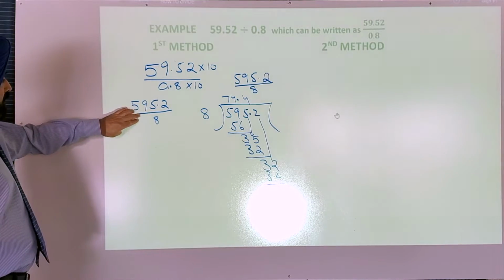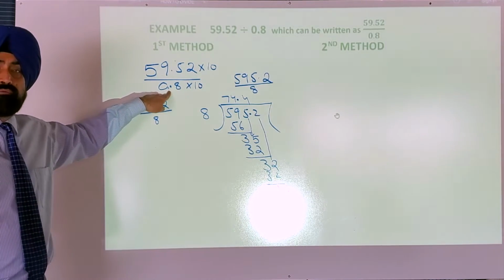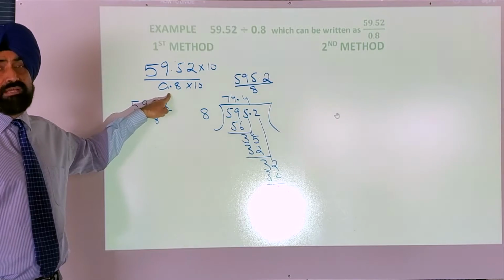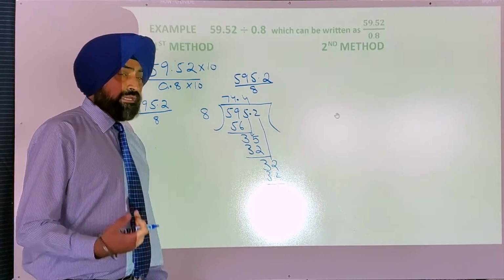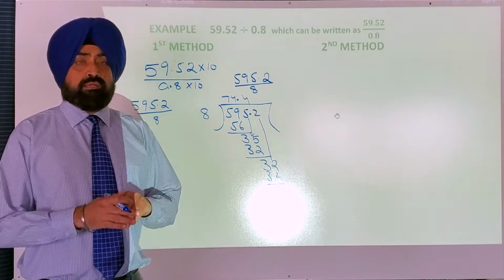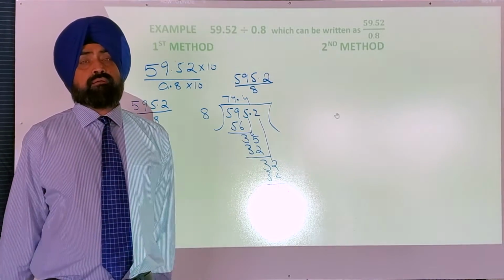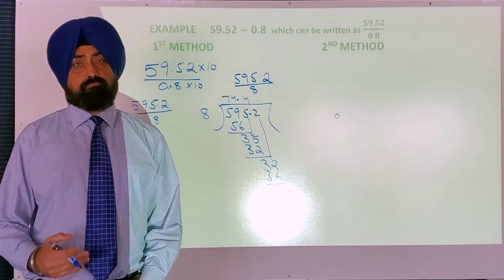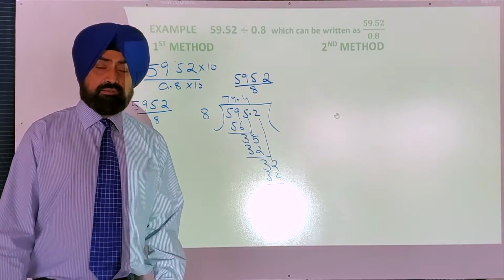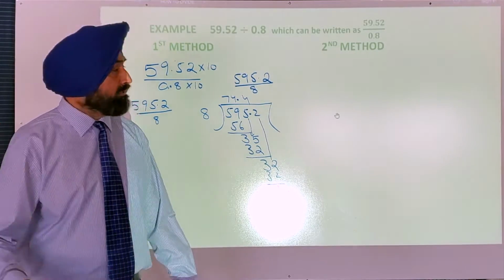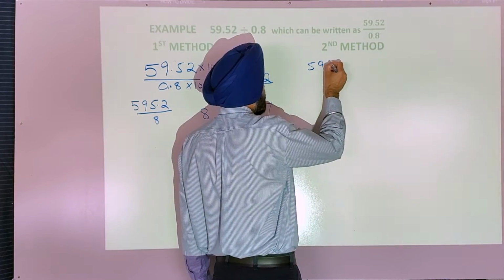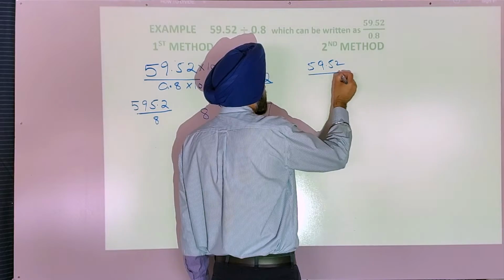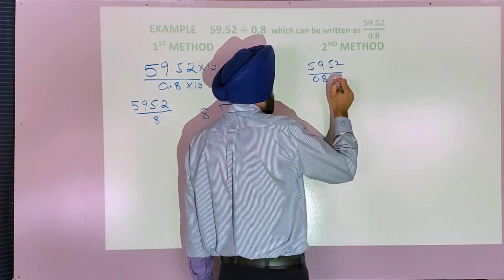So what we are doing here is getting rid of the decimal from the divisor side. The other method, which I usually prefer, is to remove the decimal completely from both the numerator and denominator, or you can say the dividend as well as the divisor. For example, here 59.52 and 0.8.